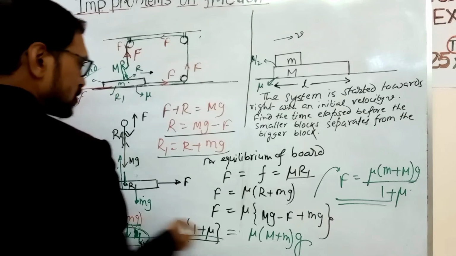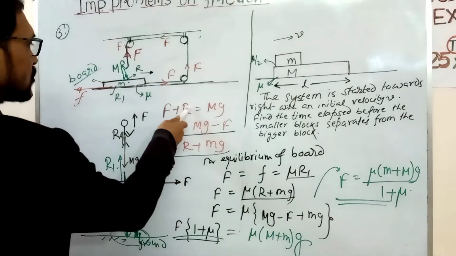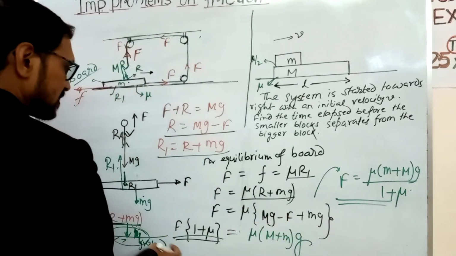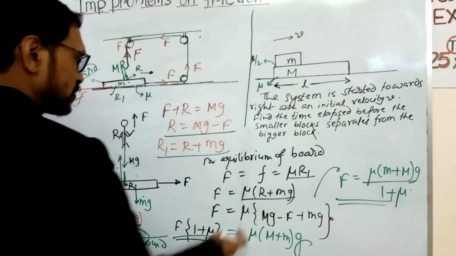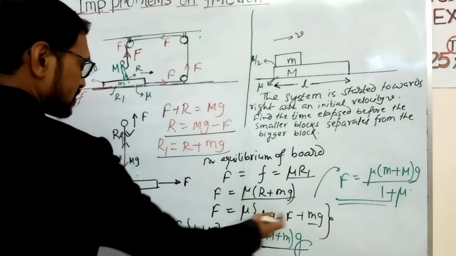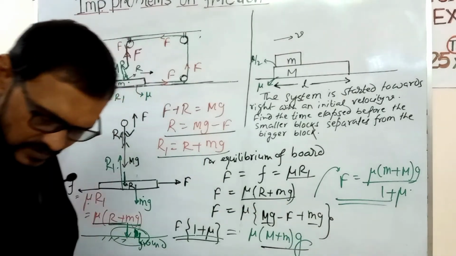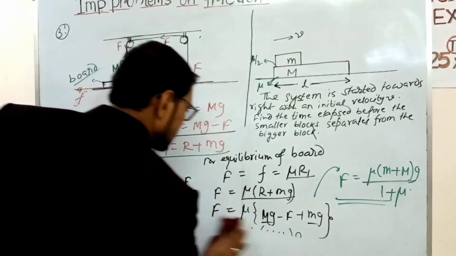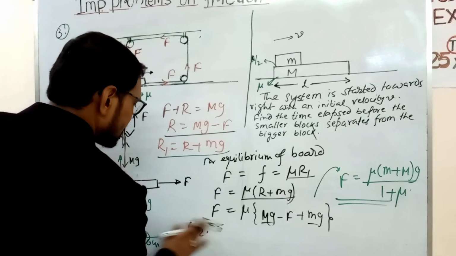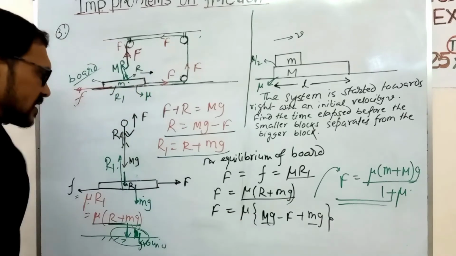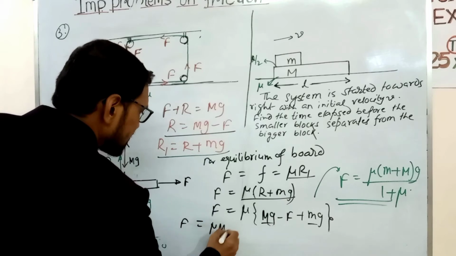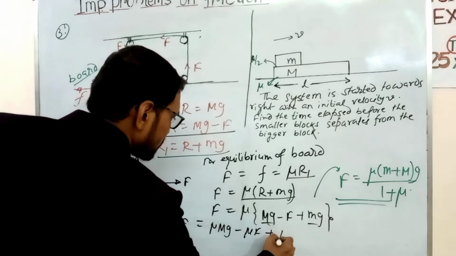Now what is R? From here we get R equal to mg minus F. So R1 is mg minus F plus mg. Shifting mu F to this side, we get F into 1 plus mu equal to mu into mg minus mu F plus mu into small mg.